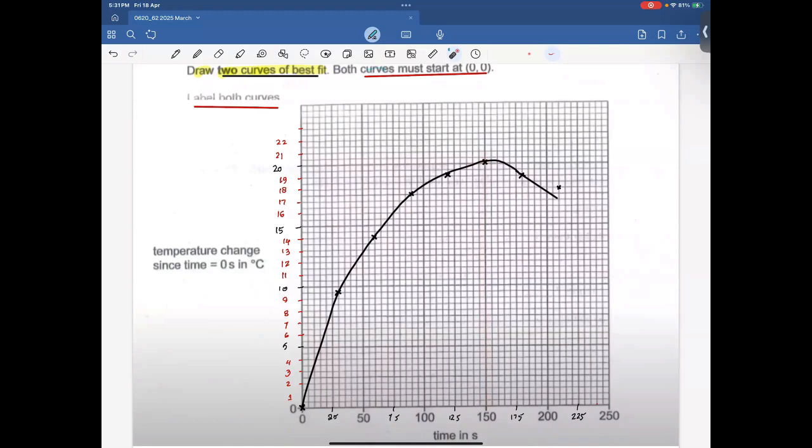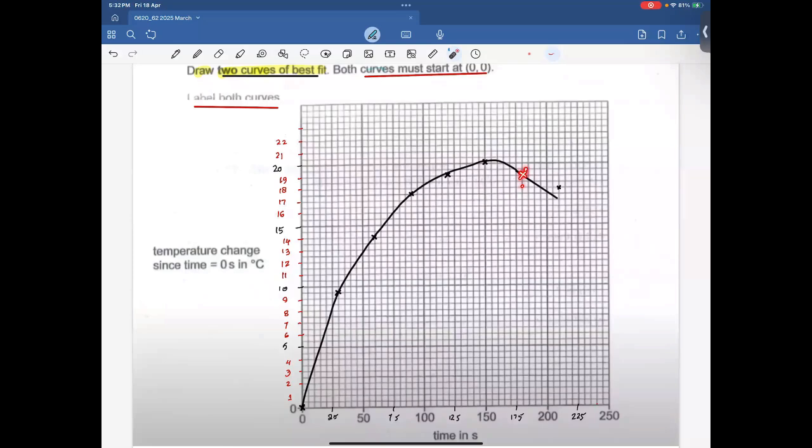Hold on. 44 minus 24 is going to be 20. Correct. 150 is 20. Then 180. 180, 19. This is 18. This is 19.